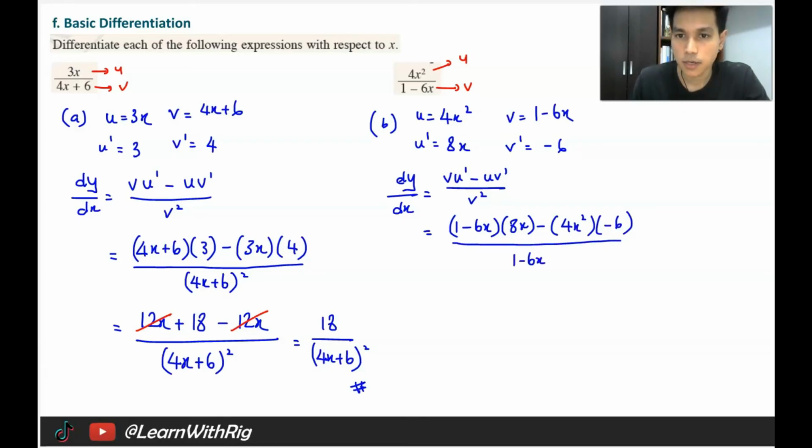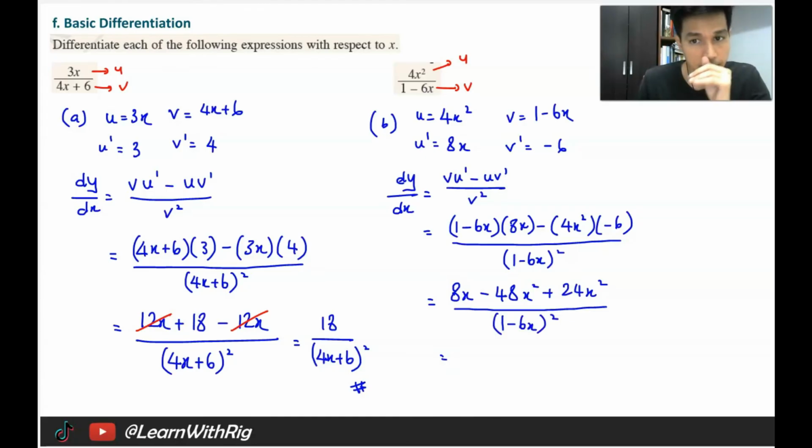which is (1 minus 6x) squared. Okay, so expand this, you get 8x minus 48x squared plus 24x squared divided by (1 minus 6x) squared.